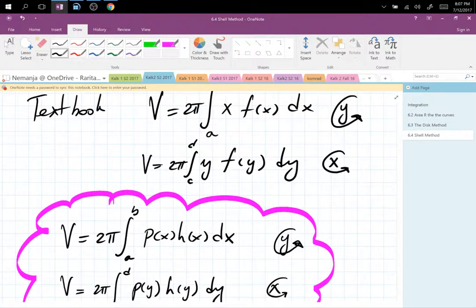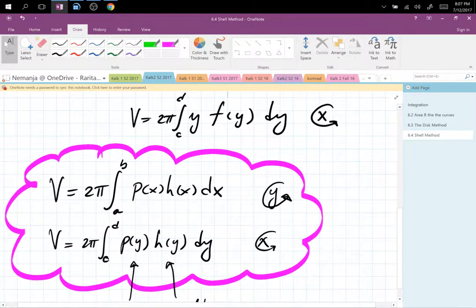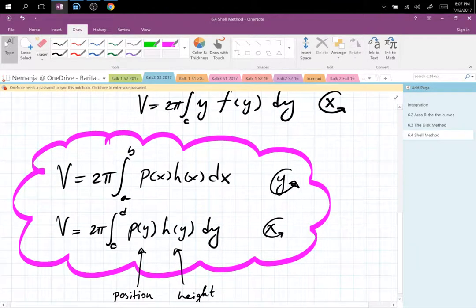It also doesn't cover if the axis of rotation is away from the x and y axis. And at that point, these formulas become far more powerful than the formulas up there. So what I first want to do is solve a very basic problem using disk and shell method, and then discuss the differences between the two.